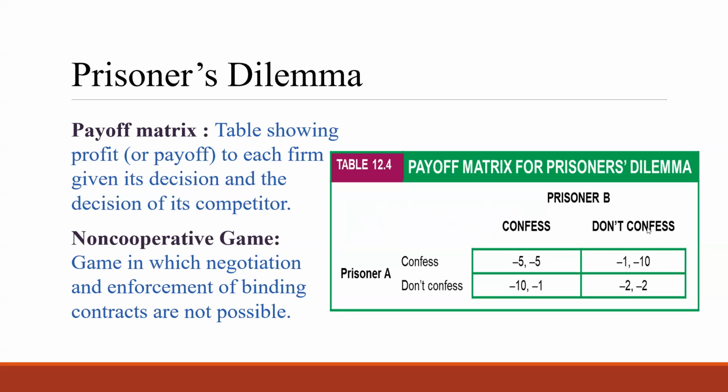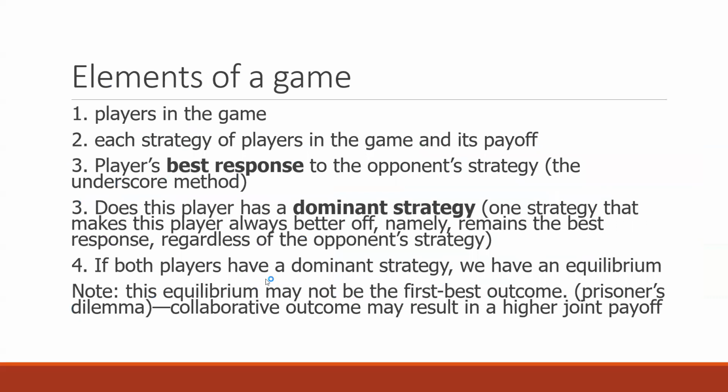Now, if prisoner B chooses not to confess, then for prisoner A, if you confess, you get 1 year punishment. If you don't confess, you get 2 years punishment. Still, for you, 1 year is better than 2 years in jail. Then you will choose to confess. Okay, so here, this is how we analyze the best response to all possible strategies of your opponents.